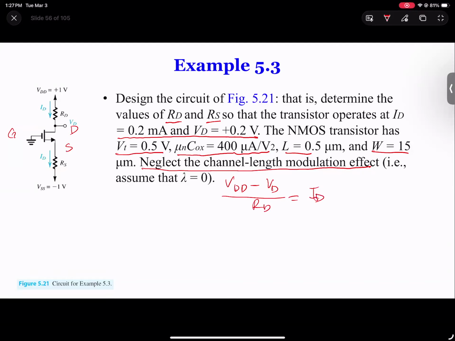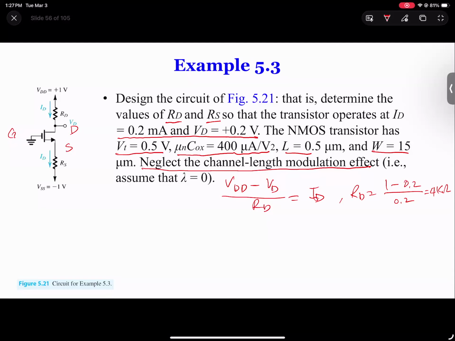ID is 0.2 and VD is 0.2, VDD is 1. So RD equals (1 minus 0.2) divided by 0.2, which gives you 4 kilo ohms.